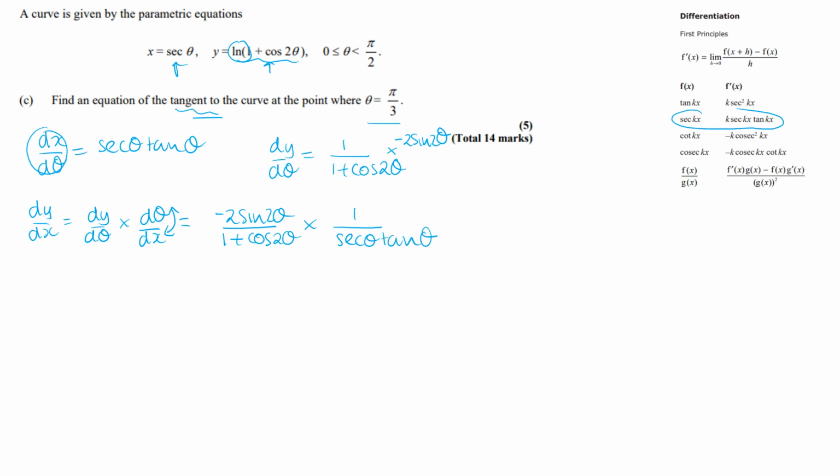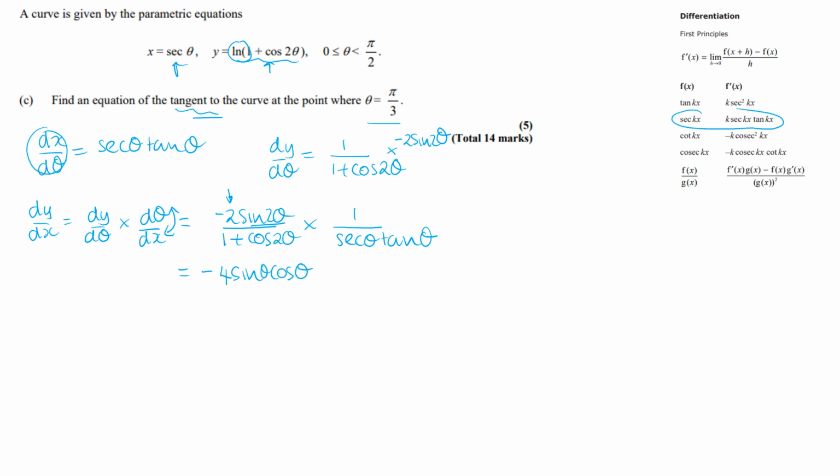Now using our double angle theorems, sine 2 theta is equivalent to 2 sine theta cos theta, times by that minus 2 on the front will give us minus 4 sine theta cos theta.